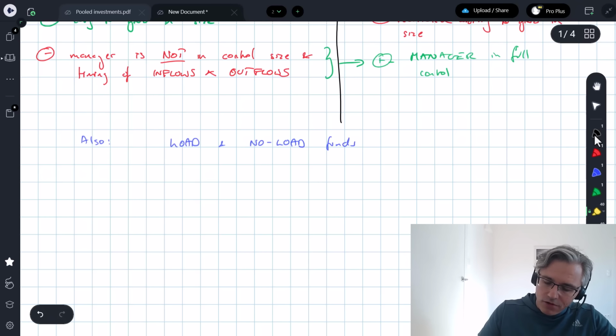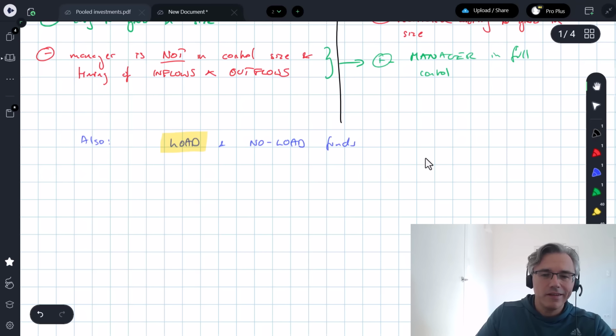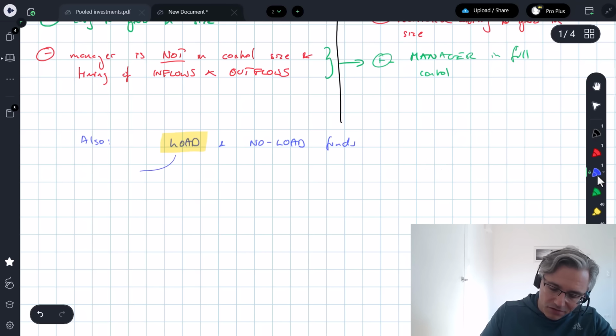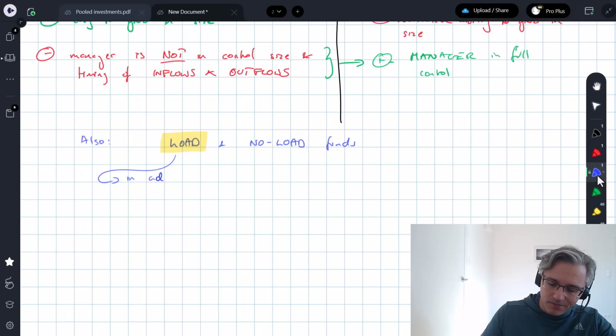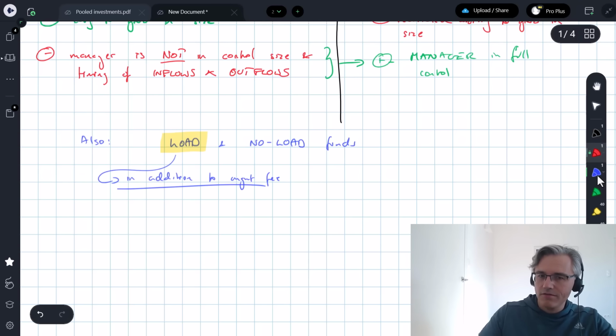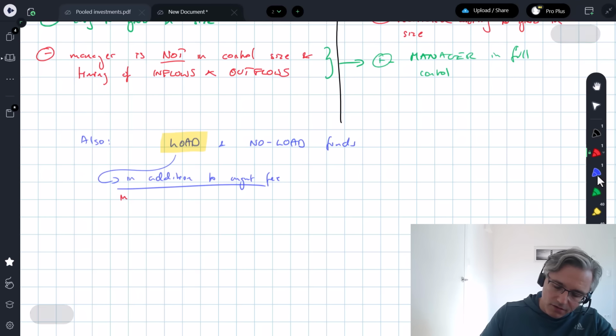If a fund is described as being loaded or a load fund, it means that in addition to your classic management fee, the investor is also charged for investing, for the pure action of investing.